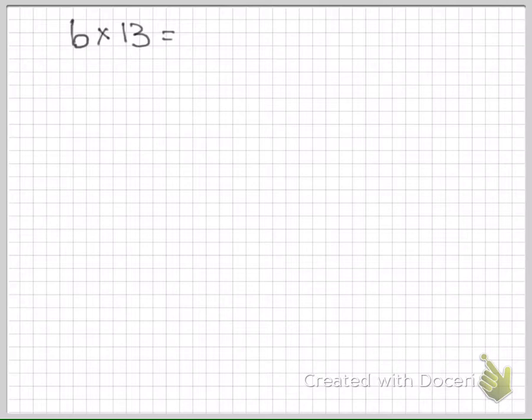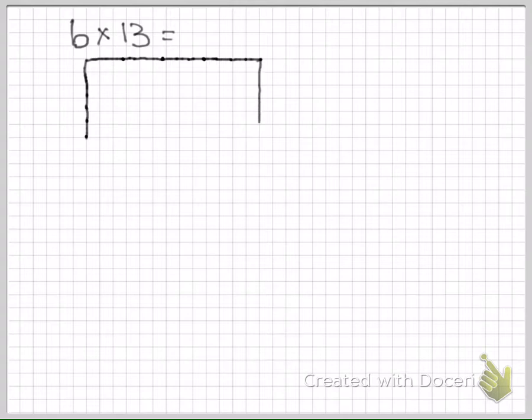Now, the first thing I'm going to do is make a square, and my square is going to be 6 going down. 1, 2, 3, 4, 5, 6, and 13 going across. 1, 2, 3, 4, 5, 6, 7, 8, 9, 10, 11, 12, 13.